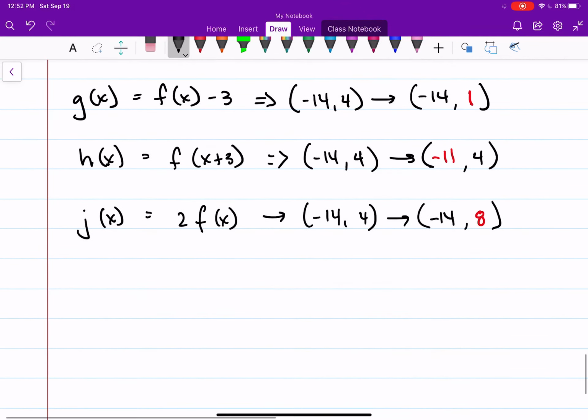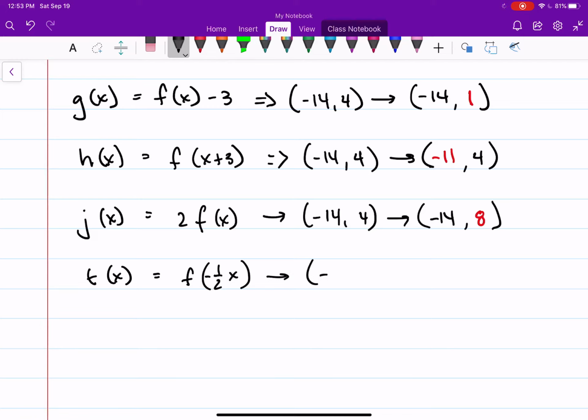What's f of x? That's a y, so 2 times y. Okay, so I got 2 times 4. So I get 8. Voila. Okay. Let's say t of x is equal to f of 1/2 of x. Or heck, negative 1/2 of x.